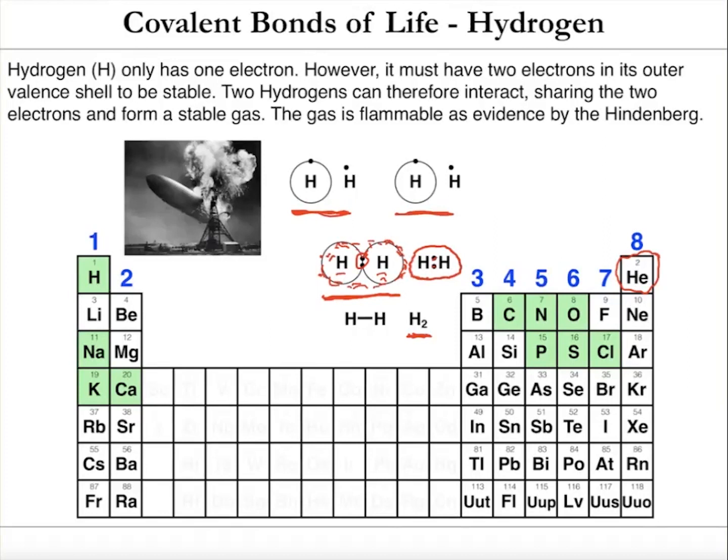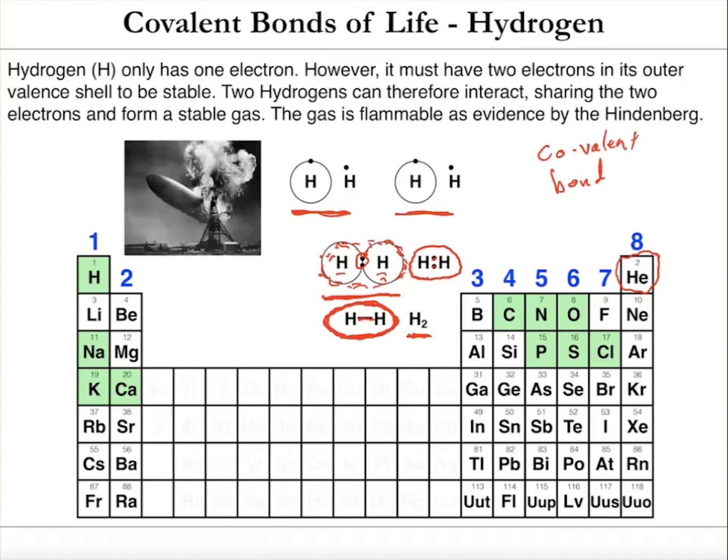It's a bond between these two hydrogen atoms because they're sharing electrons in their outer valence shell. That's why it's called a covalent bond. It's normally depicted when we show chemical structures, which we will over and over again in this class, as just a hydrogen with a single covalent bond to another hydrogen.